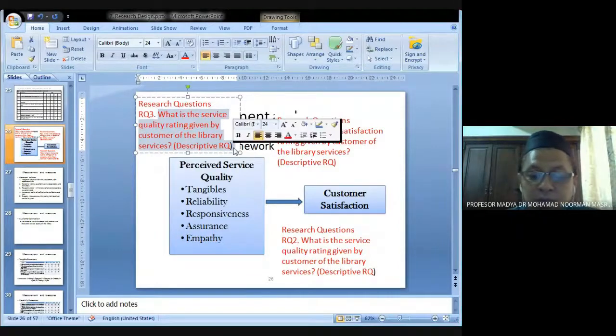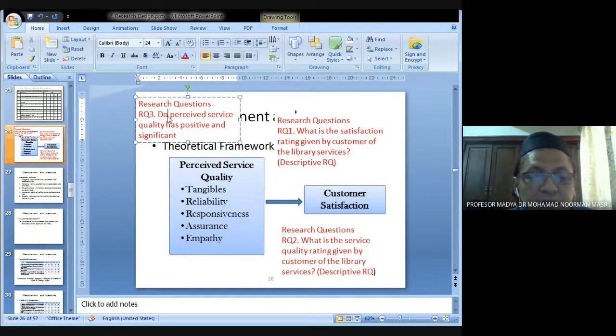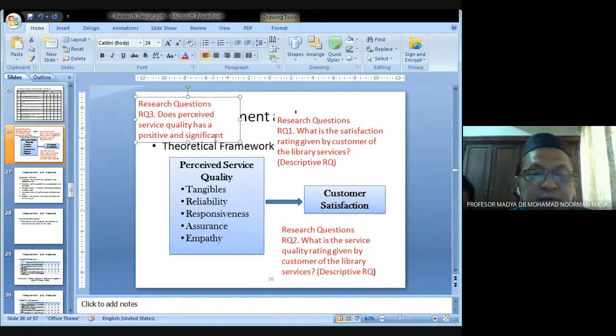Does perceived service quality has a positive and significant relationship with customer satisfaction? I think this one we have to treat as singular.